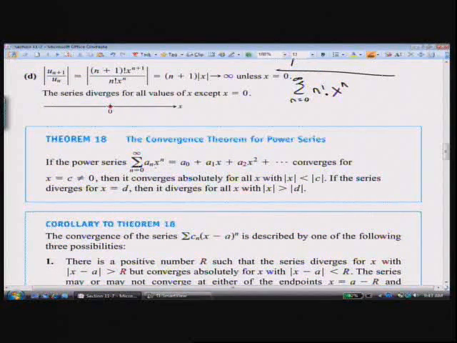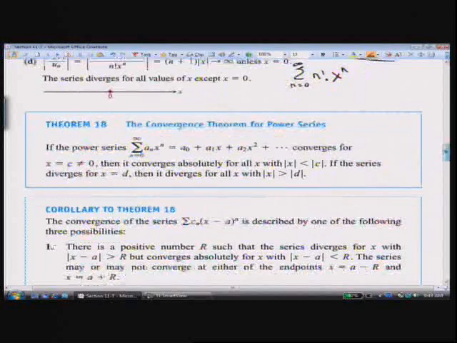So if you have a series that looks like this, for x equals c, as long as c is not equal to 0, then it converges absolutely for all x such that the absolute value of x is less than the absolute value of c, and the series diverges for x equals d. If it diverges for x equals d, then it diverges for all x greater than d as well. Okay? So that's our convergence theorem for power series.